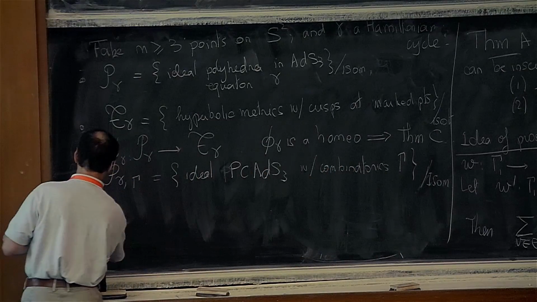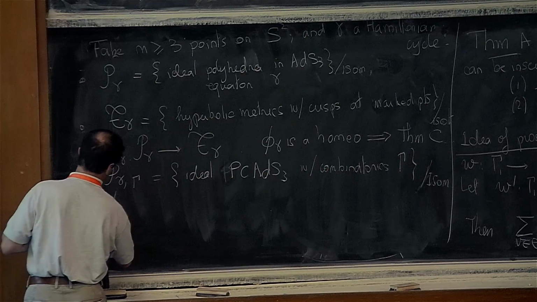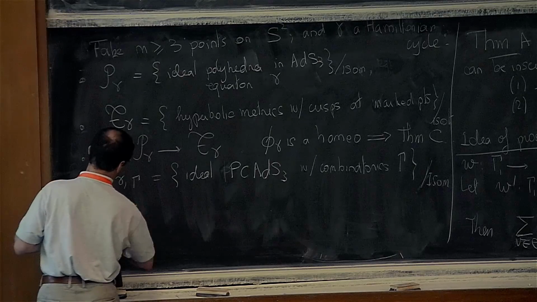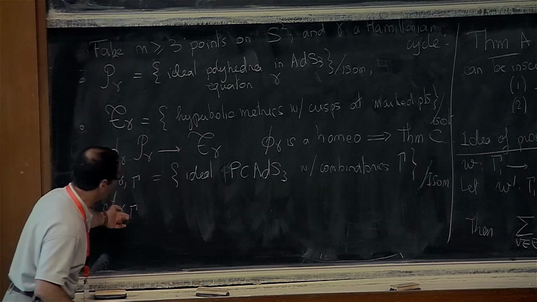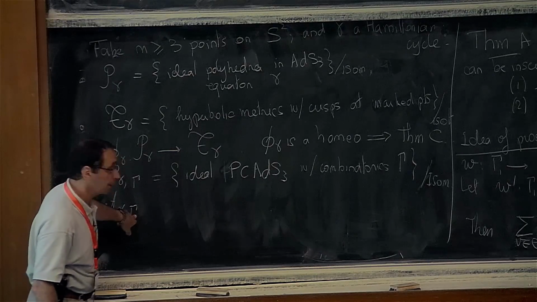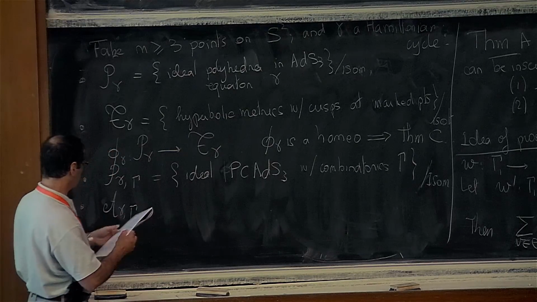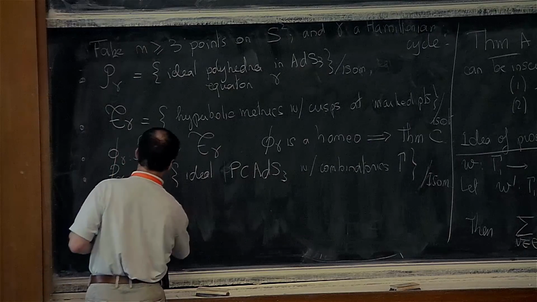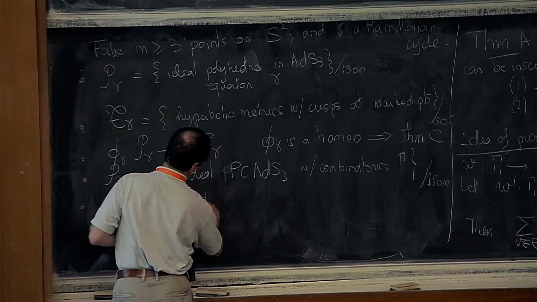I have this space of angles, possible angles. So this is my space A, small gamma, big gamma. So this is a space of functions defined on the edges of big gamma into R, taking non-zero values. And those are what I like to call admissible metrics.